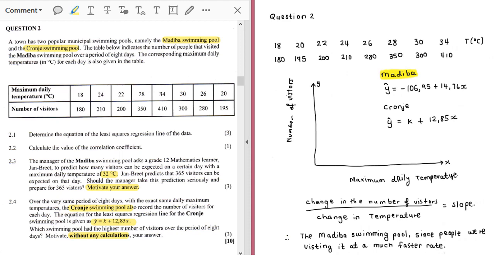Well, we know that rate is talking about slope. So we just noted that the slope of the Madiba swimming pool is greater than the slope of the other swimming pool.